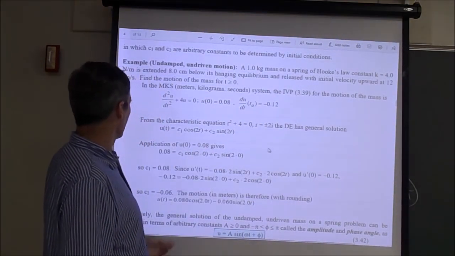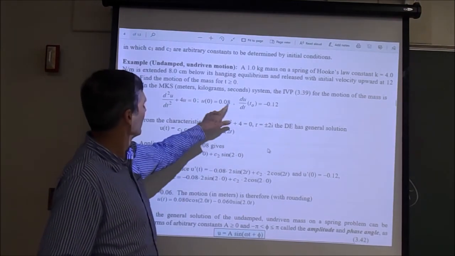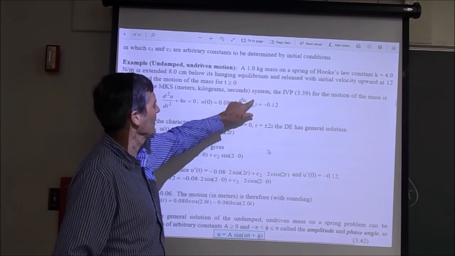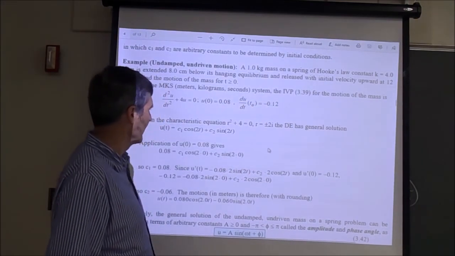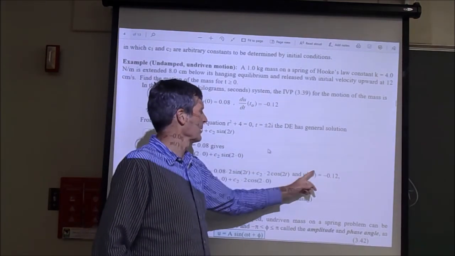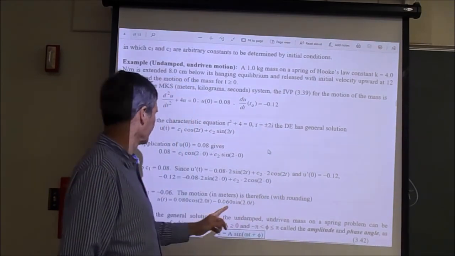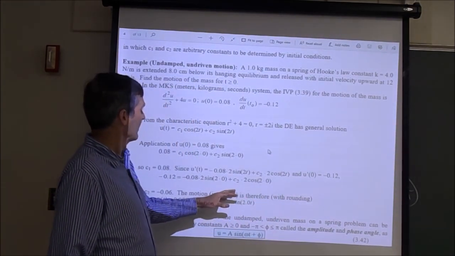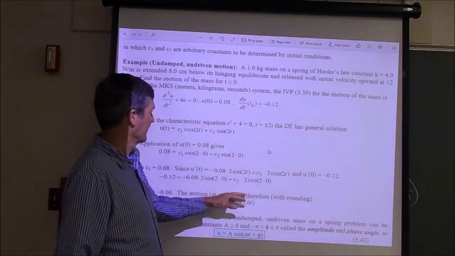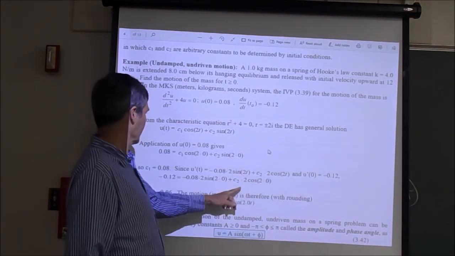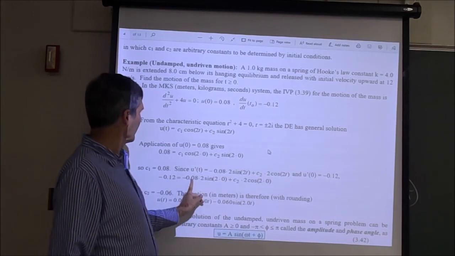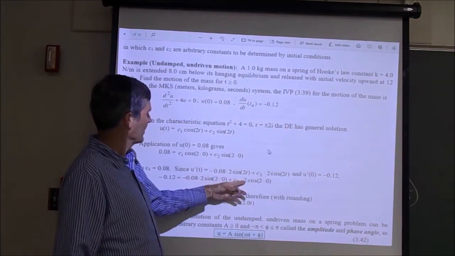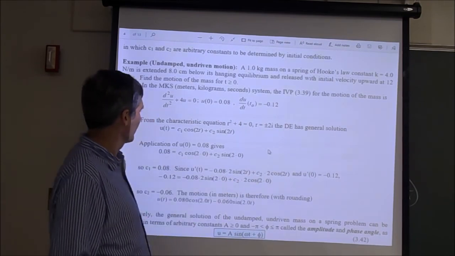Well, now you plug in the initial condition u prime of 0 equals minus 0.12, and you get minus 0.12 equals minus 0.08 times sine of 0, which is 0, plus 2 C2 cosine 0, which is 1.